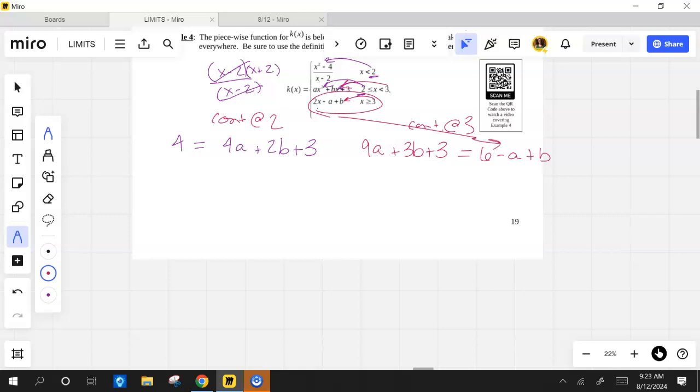We're going to clean them up as much as we can, and we're going to solve. So here, I'm probably going to solve one of these for A and plug it into the other one. Do y'all remember substitution and elimination? I always do substitution, though. I'm probably going to get everything together here. Add the A, subtract the B, subtract the 6. 10A plus 4B minus 3.